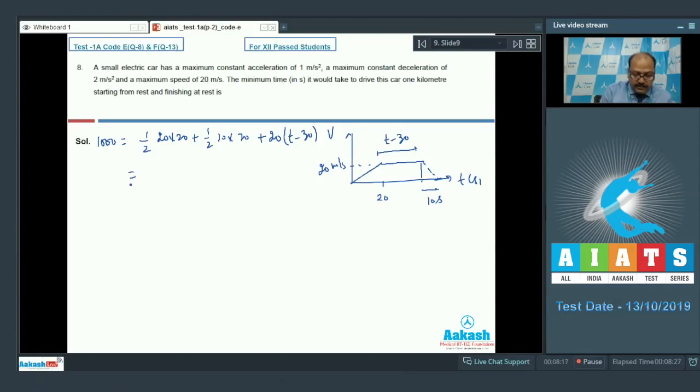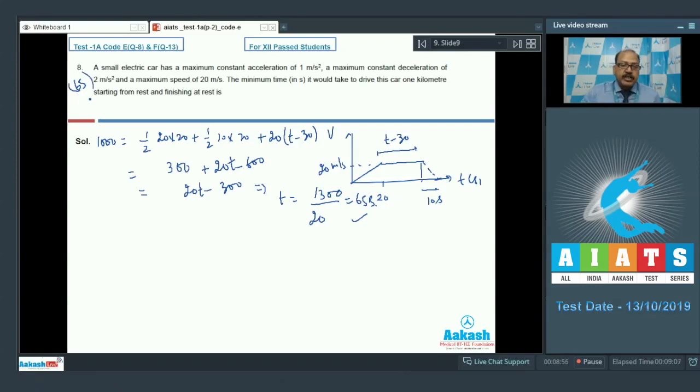The right hand side equals, this is 200 and this is 100, this is 300 plus 20T minus 600, this is 20T minus 300. Solving we get T equals 1300 divided by 20 or 65 seconds. Pretty simple, isn't it? So the answer to question 8 is 65. Let's move on to the next question now.